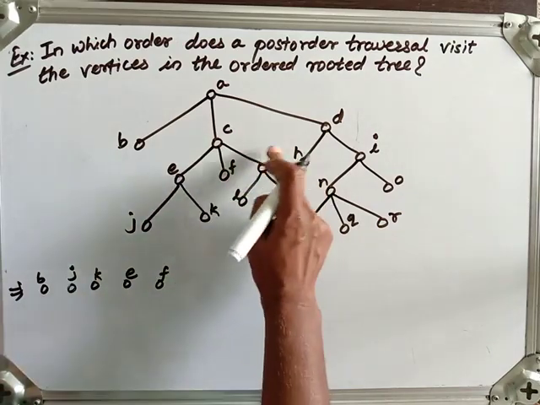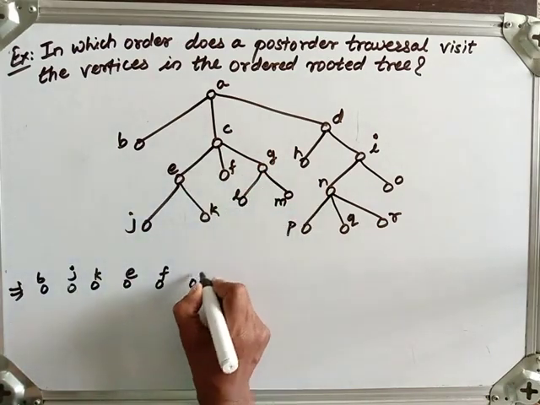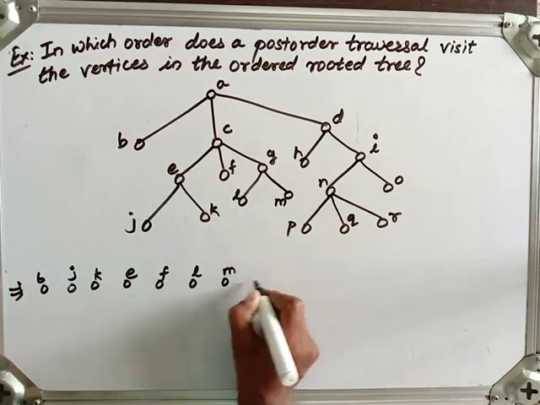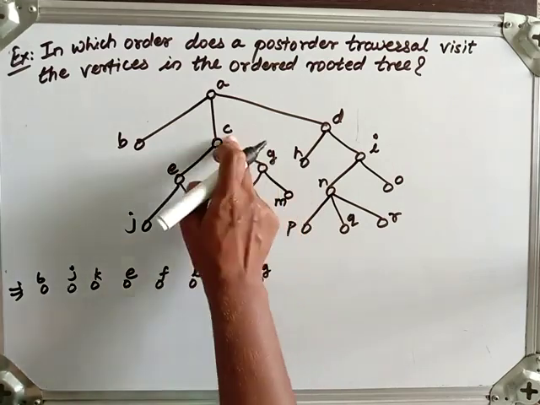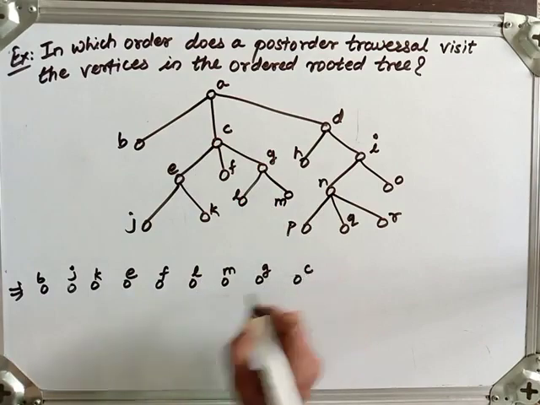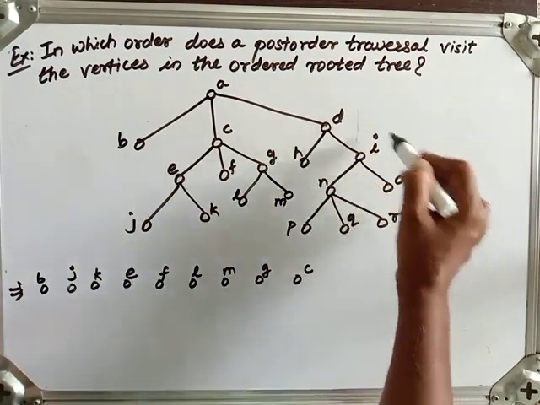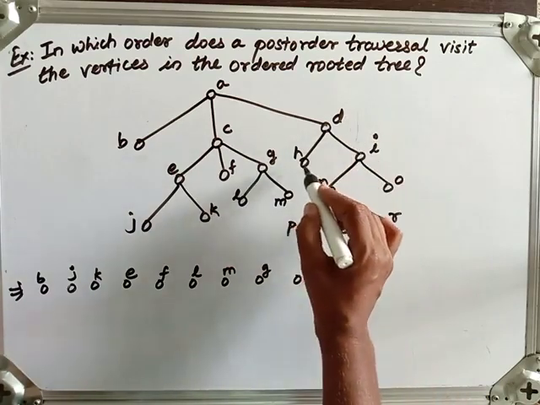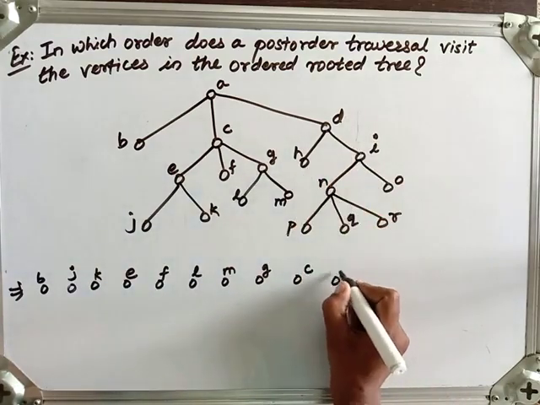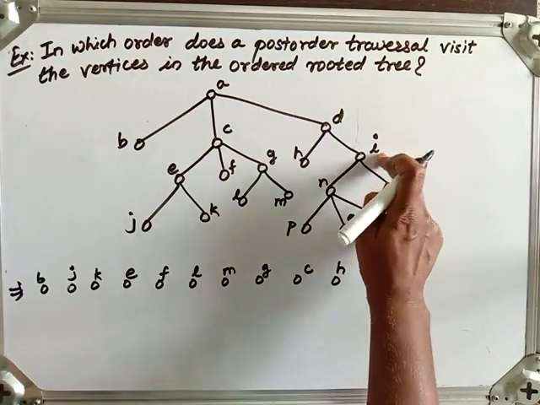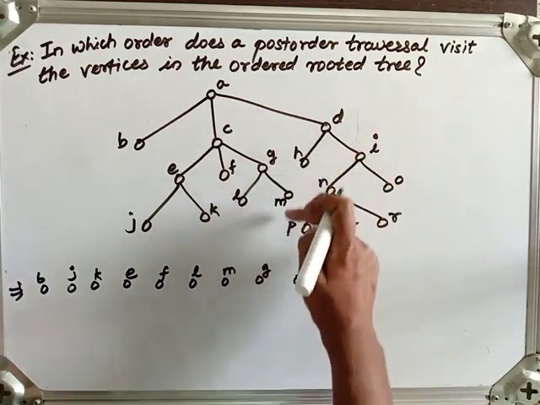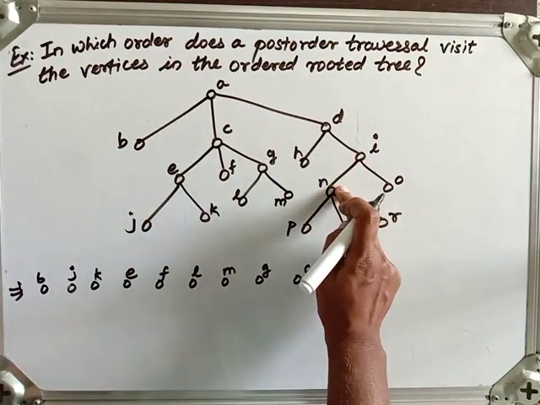Later on again this subtree with post order L, M, and then G. And at last I will go to C. Fine. Similarly with this parent as a D, I will go to H, right? Then I will go to this I as a parent. In that one again I will go in post order.